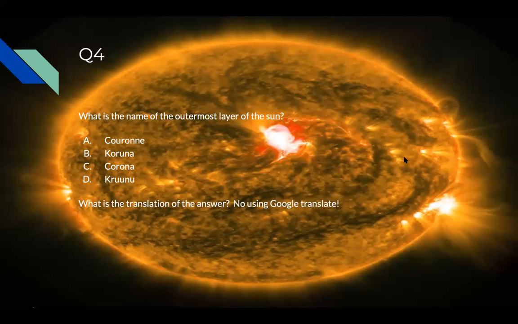Giridharan, no. Sorry. Aryan, I need the translation, otherwise you're not getting the point. Parnika, you are correct. Naveen, yes, it is a part of the sun, but I need you to give me an option and translation.